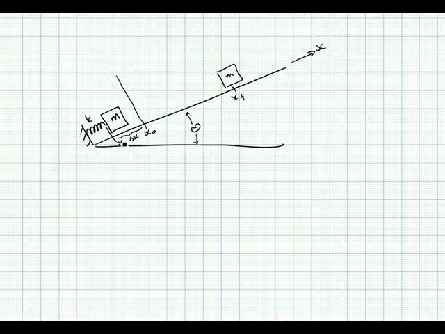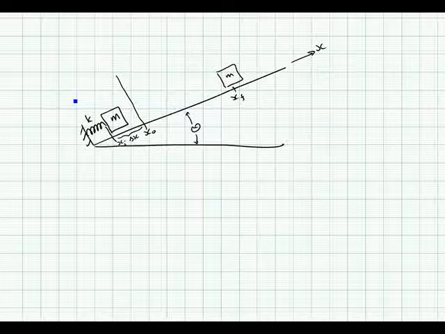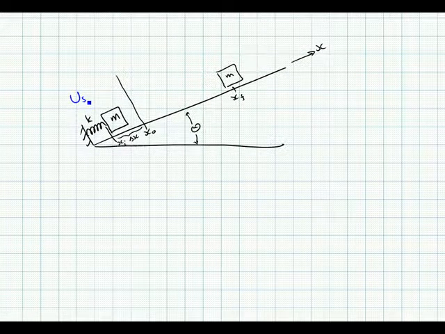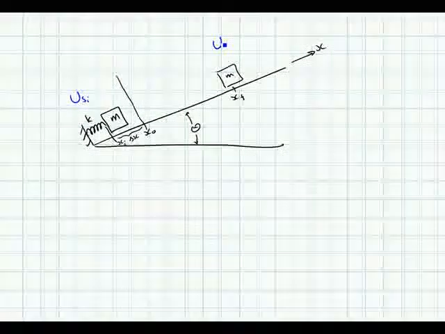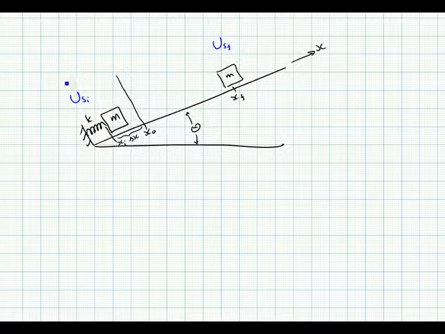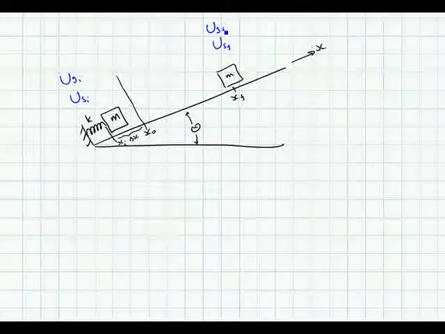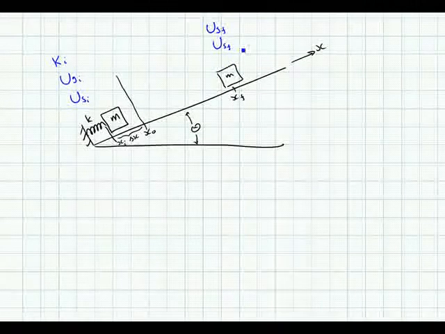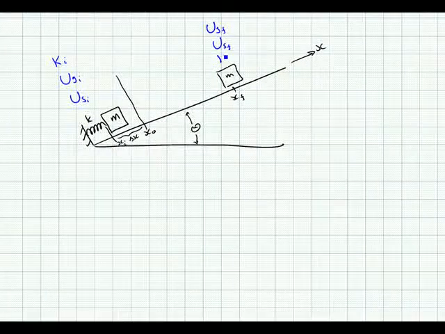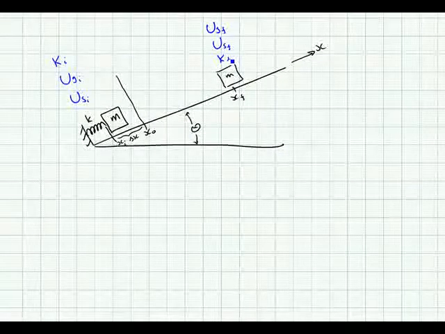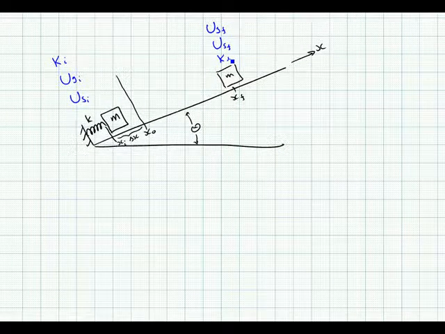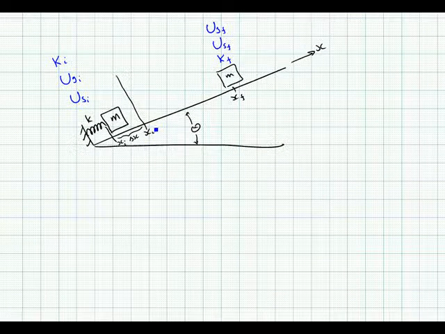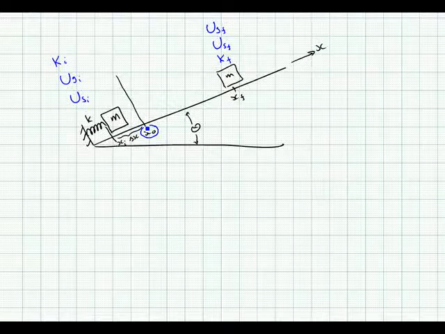Now here the types of potential energies that are involved are of course spring potential energy, so we have spring potential energy initial and final. We also have gravitational potential energy initial and final, and of course kinetic energy initial and kinetic energy final. Since we have spring potential energy, we need to know where our x naught is, and we've already done so.